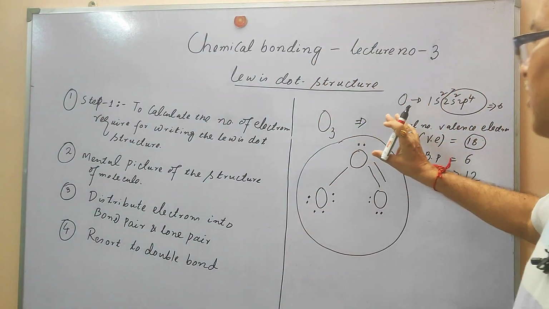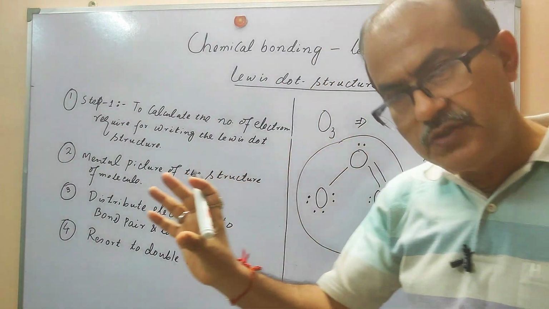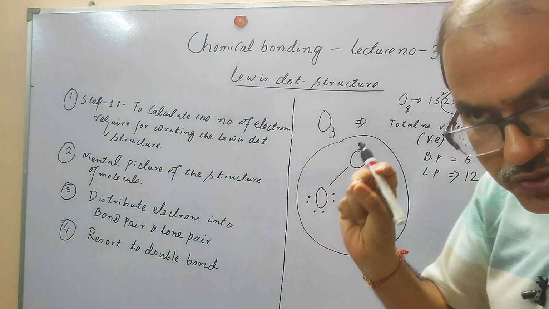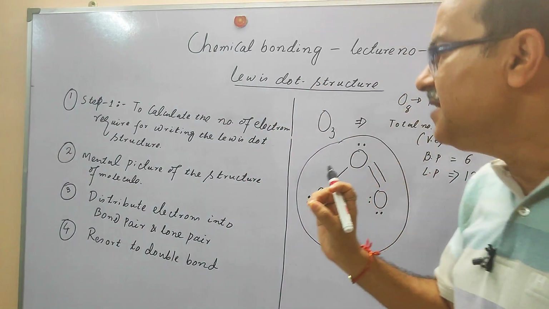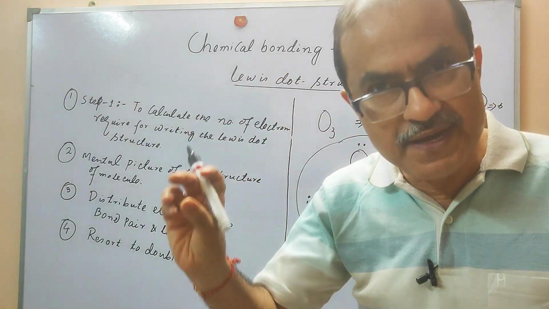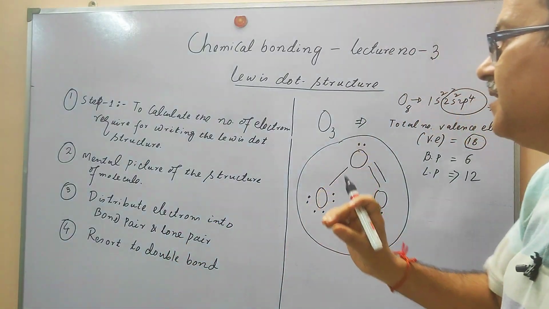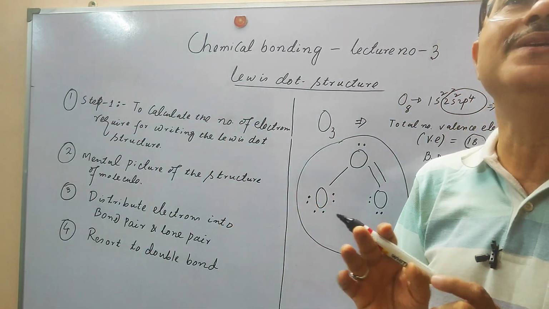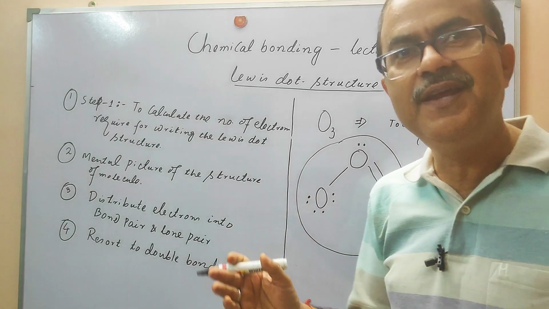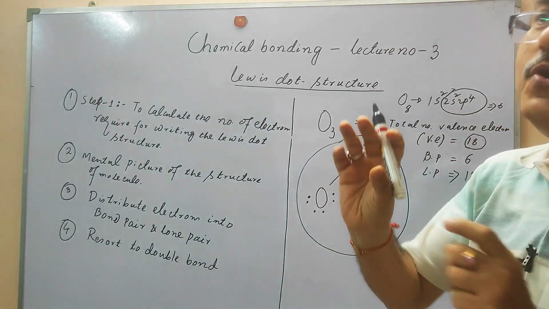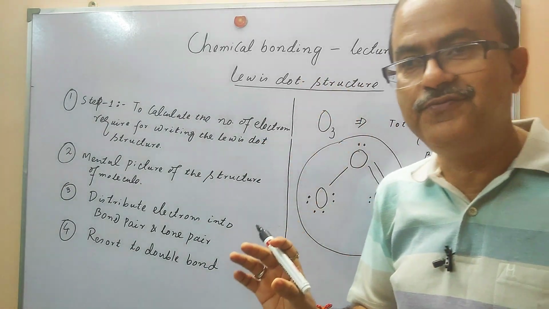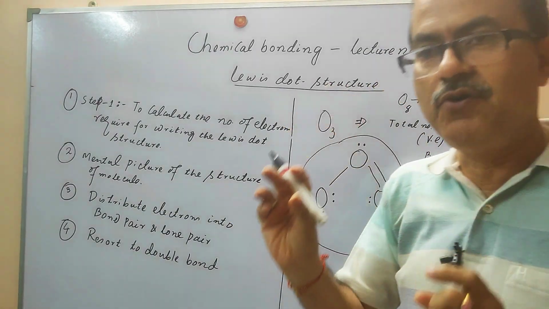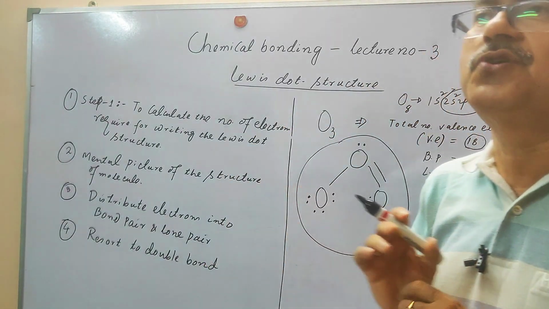First we have to calculate the total number of electrons we need to write the Lewis dot structure. Second, we have to make a mental picture. Third, we have to distribute all those available electrons as bond pairs and lone pairs, and then judge whether the octet has been fully satisfied for all the atoms in the molecule or not.